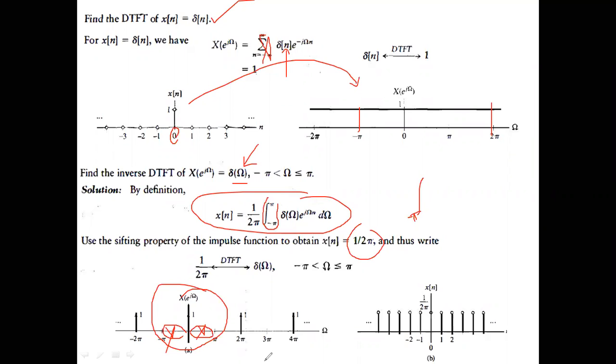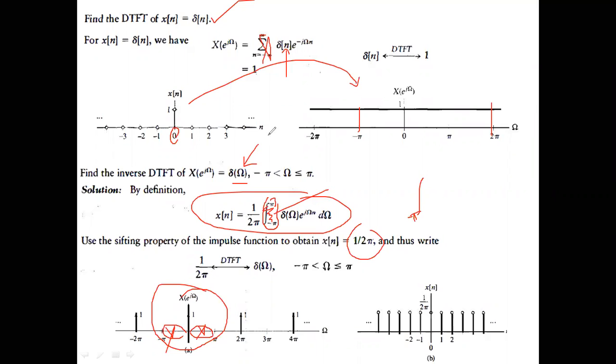That leaves us with x of n with only 1 by 2 pi into 1. Okay, do not get confused. So this entire term is now gone because the impulse does not contain any value elsewhere, so there is no integration from minus pi to pi, rather it is only 1 by 2 pi.